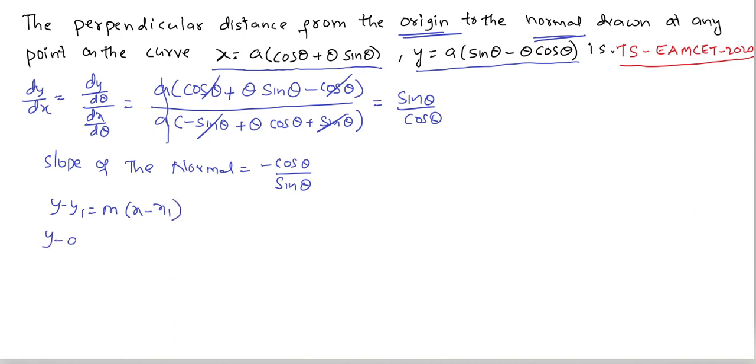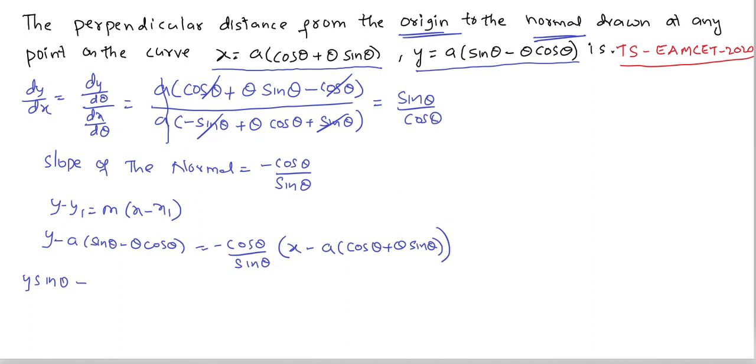Y minus y1, that is y minus a(sin theta minus theta cos theta), equals minus cos theta by sin theta into x minus a(cos theta plus theta sin theta). On cross multiplication, that is y sin theta minus a sin square theta plus a theta sin theta cos theta is equal to minus x cos theta plus a cos square theta plus a theta sin theta cos theta.